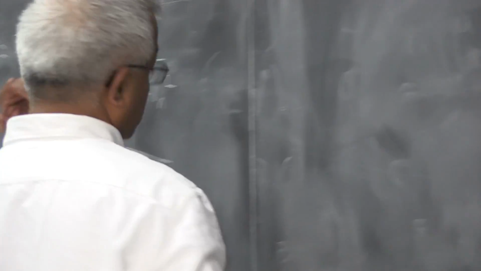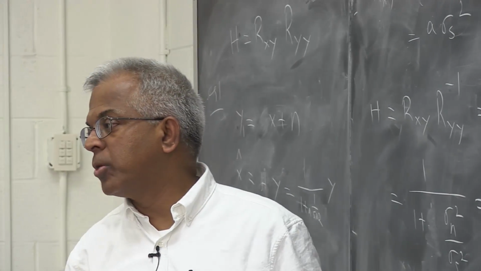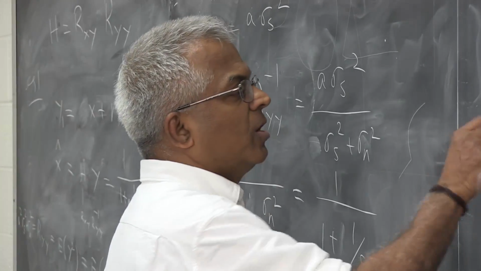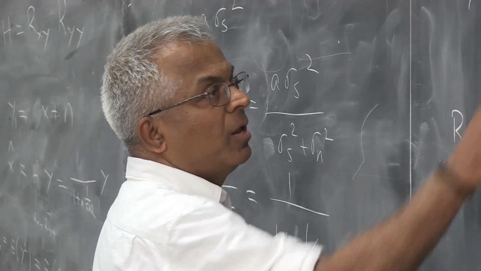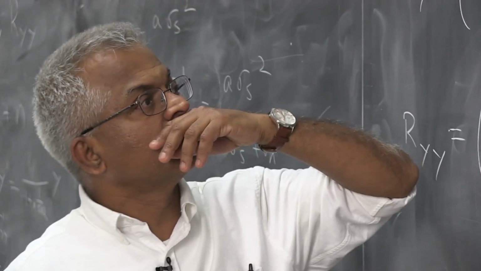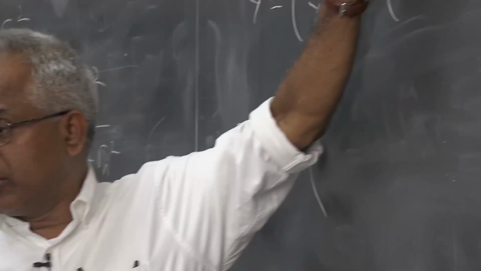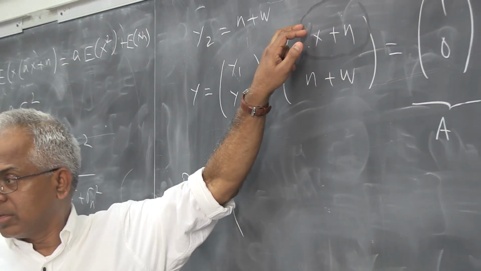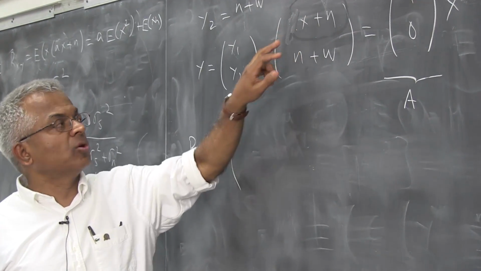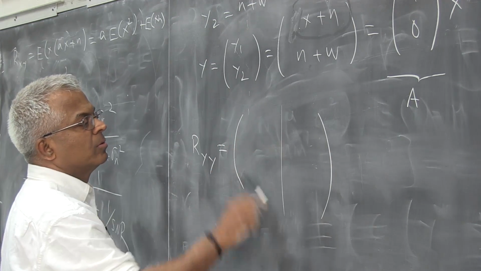Right. So we need to find out again in this problem RYY. Remember this is a 2 by 2 matrix, RYY is what? We can do it mentally here. There will be 4 entries here, right?